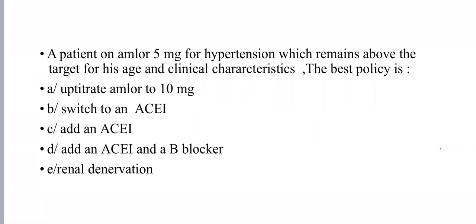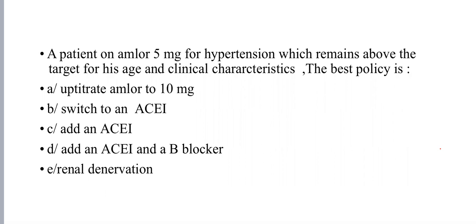Okay, so now there are two policies: continuous up titration until you reach the maximum dose of monotherapy, or switching to polytherapy. The policy of giving multiple medications for hypertension is found to be better than keeping up titrating monotherapy.